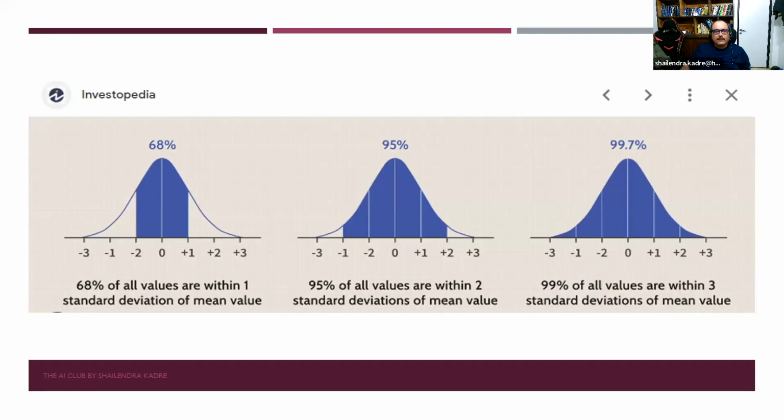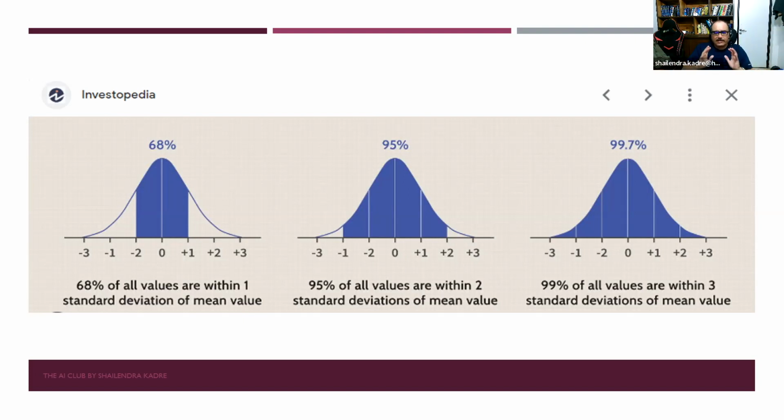Suppose we have a normal distribution whose mean is 0, meaning some terms are positive and some terms are negative. When we add them up and divide by the total number of numbers, the mean comes to 0.